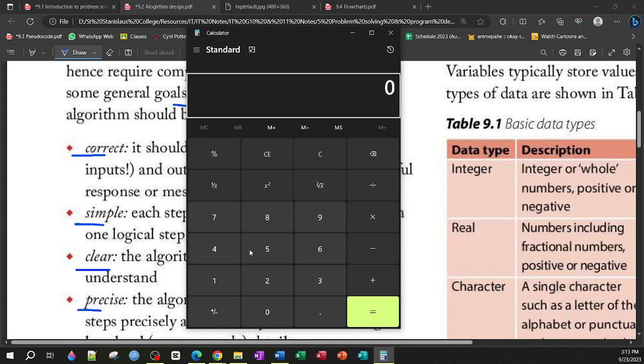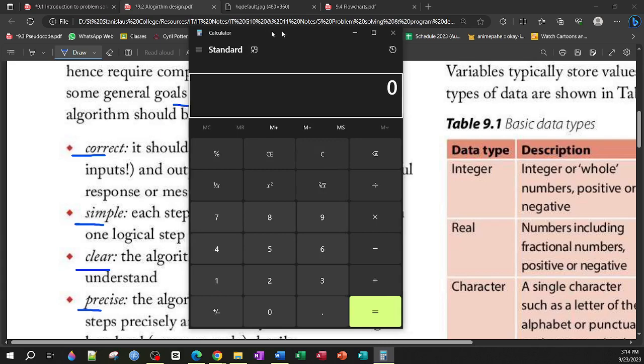It's a simple question. Should a calculator accept letters? No, because we don't calculate letters. So it should not accept letters.